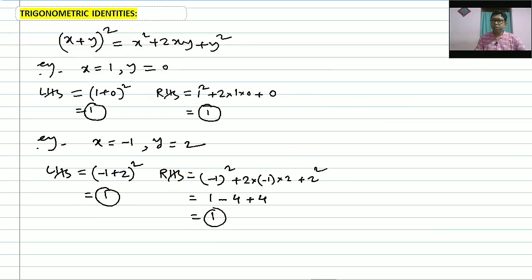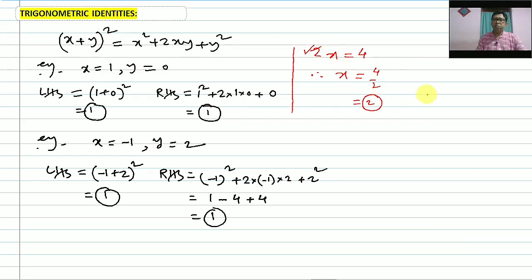But in an equation you will find a definite value. For example, if you take twice x is equal to 4, then x is equal to only 2, 4 upon 2, so you are getting 2 only. Except this value 2, you can't satisfy this equation, twice x is equal to 4.